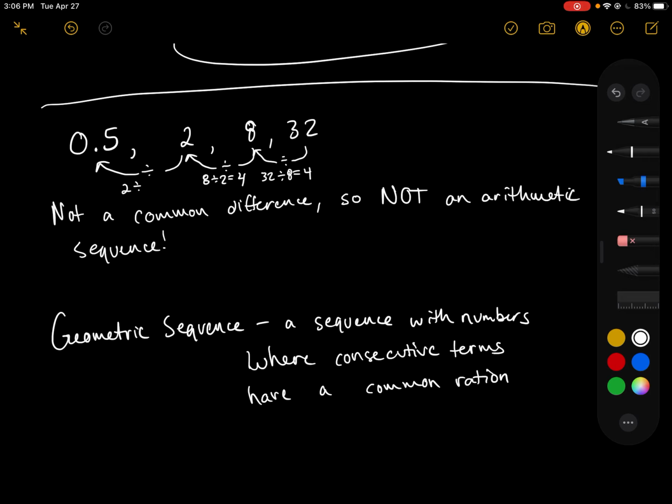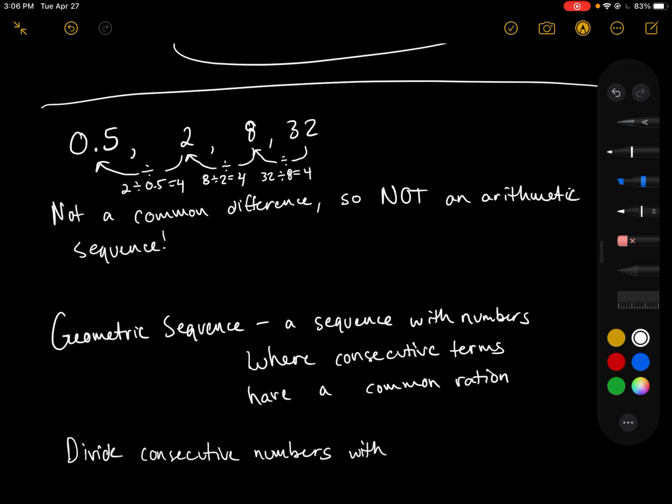So let's see. For the first one, if we do 32 divided by 8, we get an answer of 4. If we do 8 divided by 2, we also get an answer of 4. If we do 2 divided by 1/2, and punch that into the calculator, we'll also get an answer of 4.